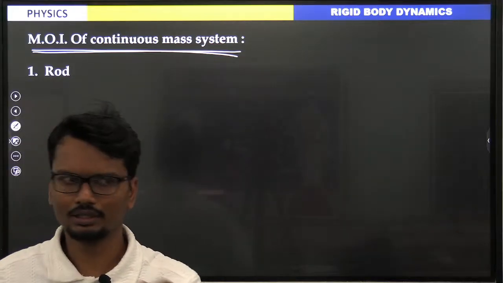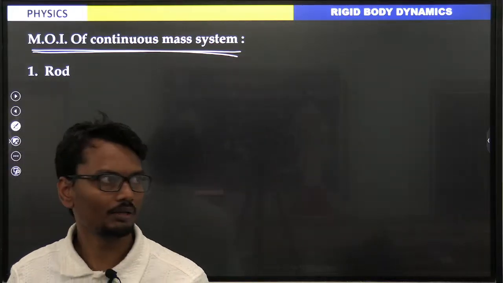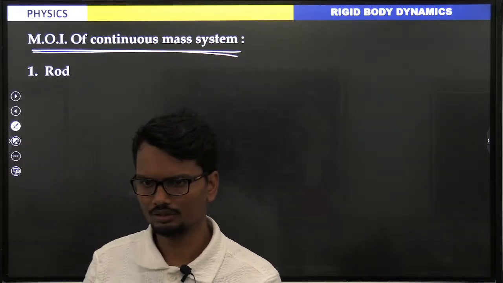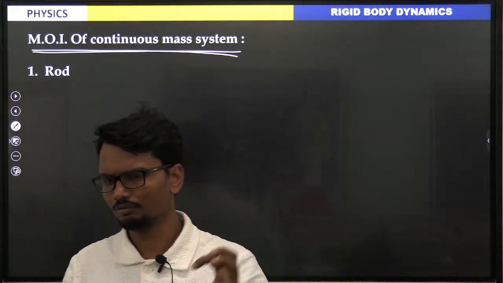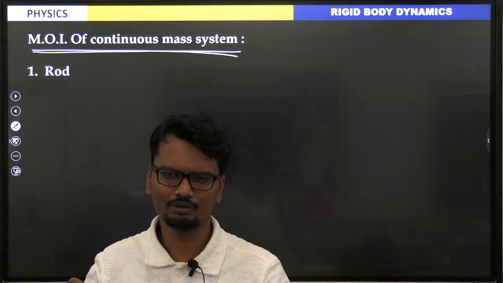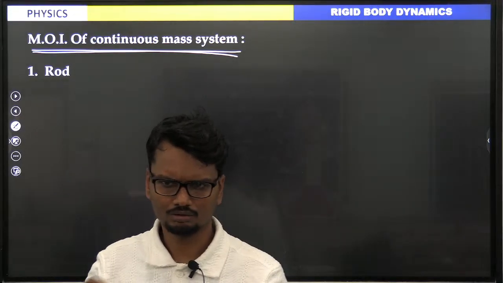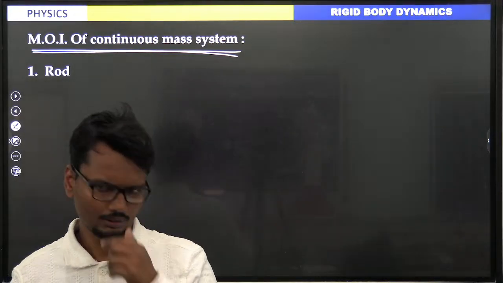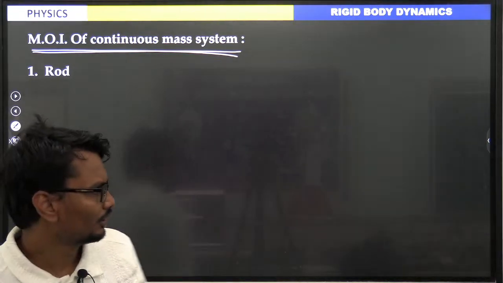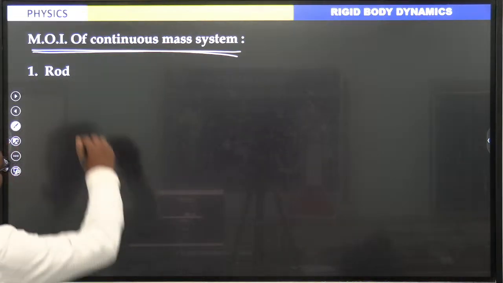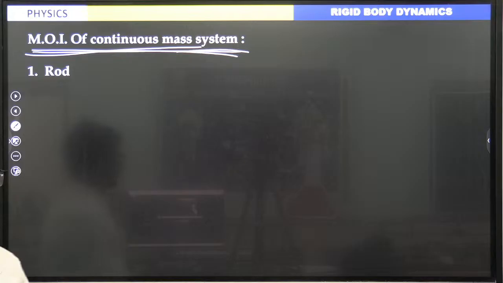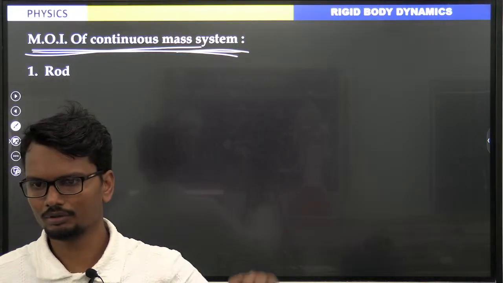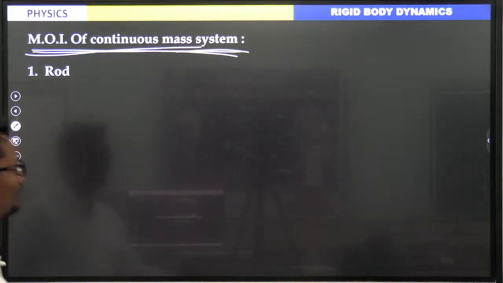In the previous class, we studied how to find the moment of inertia of a discrete mass system, like masses 1, 2, 3, 4 distributed along the axis. But in a continuous mass system, the mass is distributed continuously from the axis.